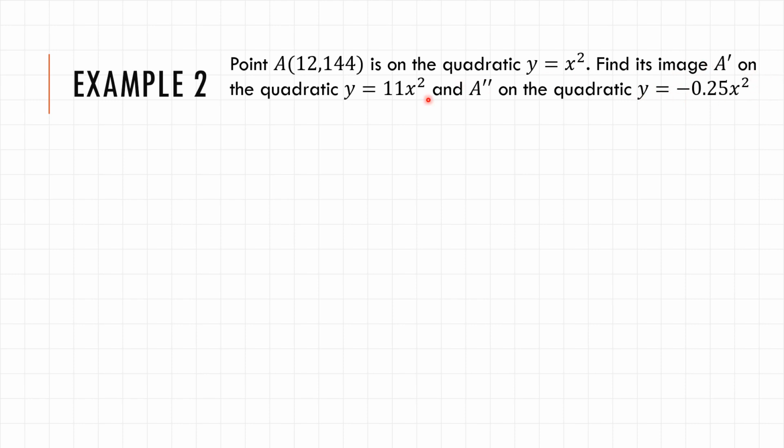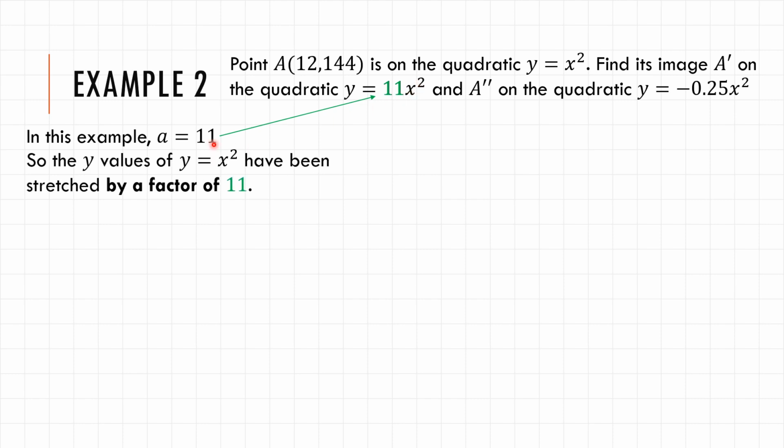So we need to find its 2 new locations for this point, A prime and A double prime for point A. So in this example, the first example, a is equal to 11. Not the point A, but the variable a, because this is ax squared, it's equal to 11. And that means that the y values of our original quadratic have been stretched by a factor of 11.